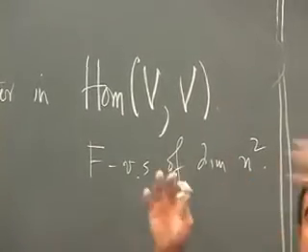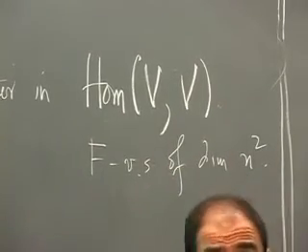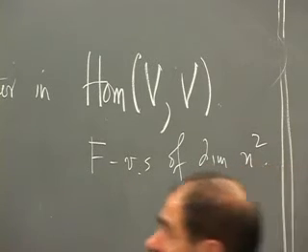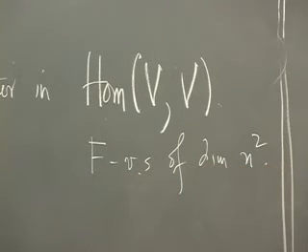Maybe just think of it as a matrix, and you can add n by n matrices. So that's a vector space of dimension n squared. Okay, so here's some new elements. So you get the following elements in this vector space of dimension n squared.